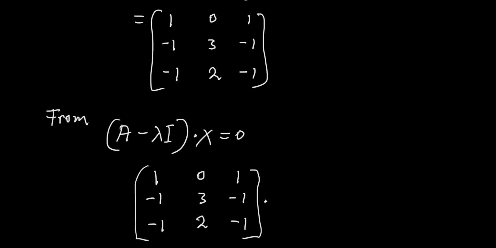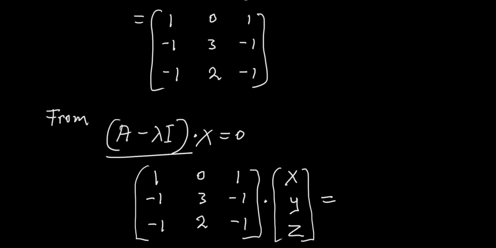As you can see, this is the characteristic determinant, which is this, times x. So x is the vector, which is x, y, and z. So we can also put this in parentheses equal to 0, 0, and 0.